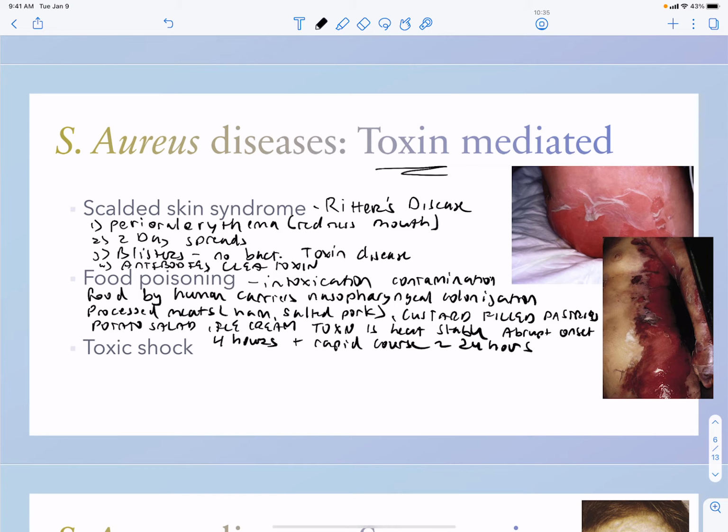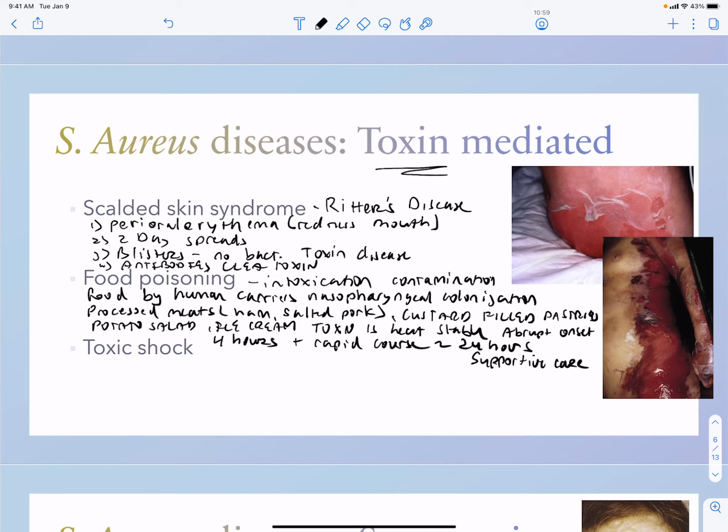And that's again because the toxin is made, there's no bacteria there, so it can't keep making toxin. So once your body eliminates the toxin, you just go back to normal. This is only going to be supportive care. So replace fluids, try to help with abdominal cramping, things like that.